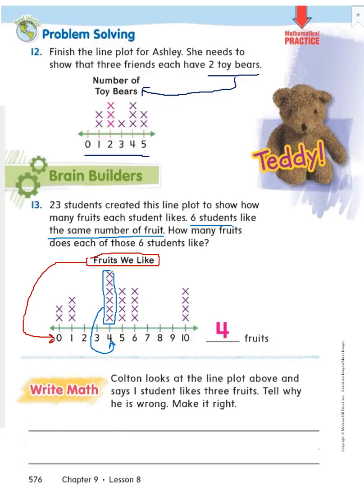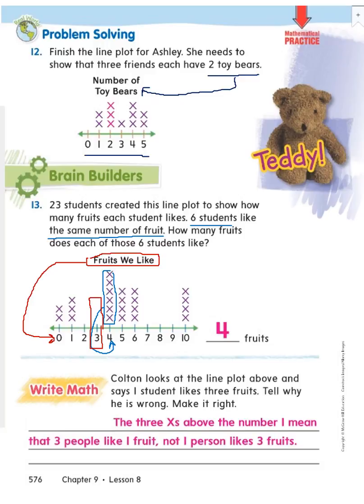Because I'm looking at the line plot. 3 fruits is right here. But I don't see any X's there. The 3 X's above the number 1 mean that 3 people like 1 fruit. Not 1 person likes 3 fruits. So he mixed these up. Okay, that was a tough one. Let's move on.